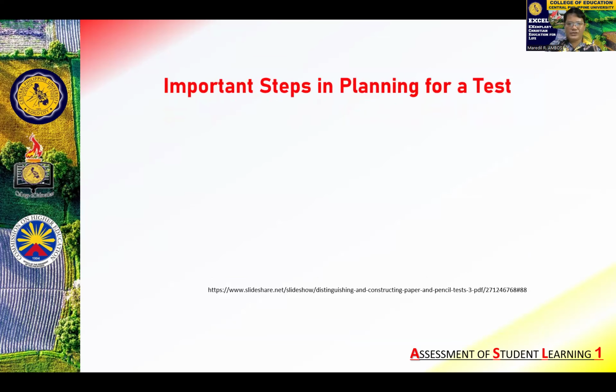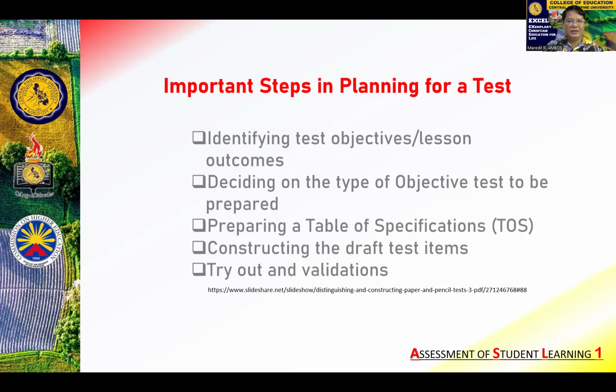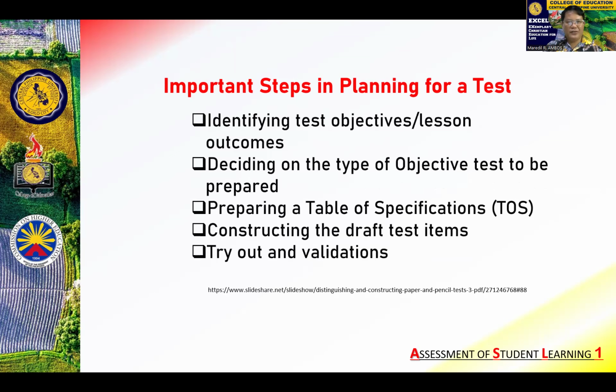And we have the important steps in planning for a test. We need to identify the test objectives or the lesson outcomes that we have. The second one is we need to decide on the type of objective test to be prepared. What type of test can you have?